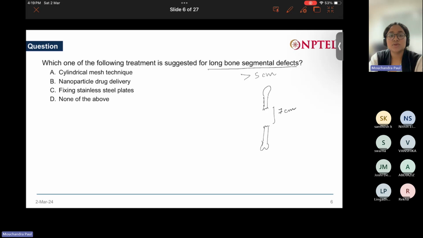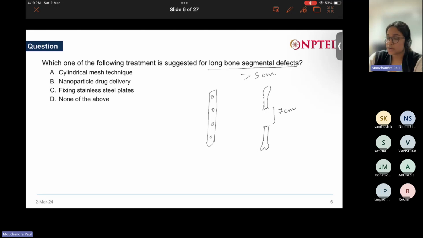Okay, so let me help you. By the way, the C option is not correct. Let me help you a bit more by giving you a hint of how the stainless steel plates usually look like, which the doctors usually use. They are like a plate, and there are some holes in it through which you can drill in the screws.